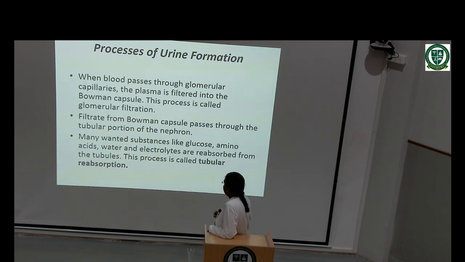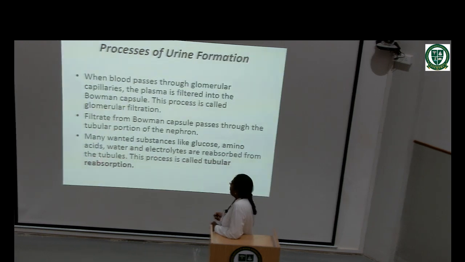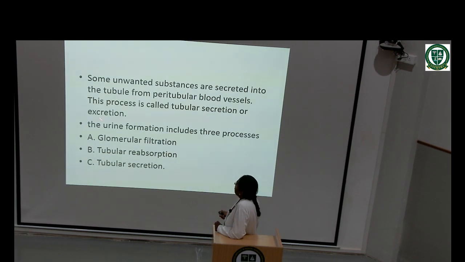This process is called tubular reabsorption. It is the second step of urine formation. Third, some unwanted substances are secreted from the capillary into the tubule for excretion, which is tubular secretion or excretion. These are the three steps: glomerular filtration, tubular reabsorption and tubular secretion.